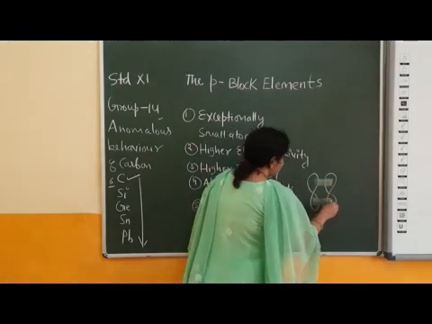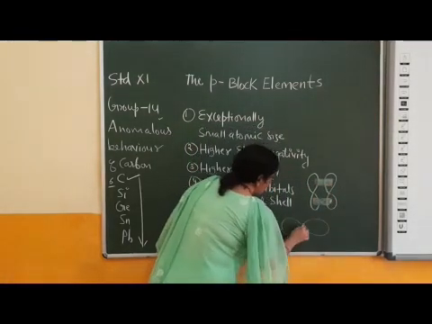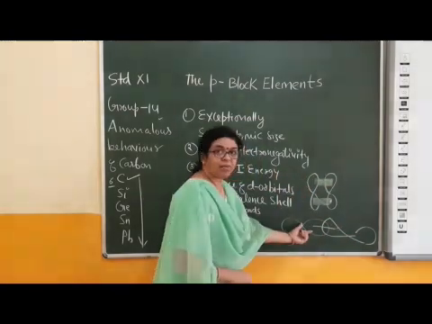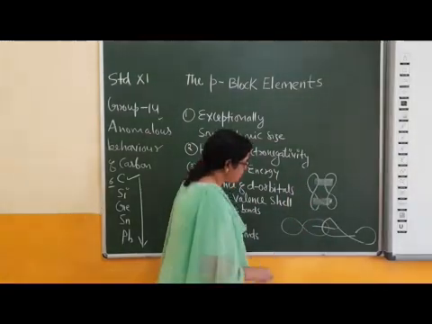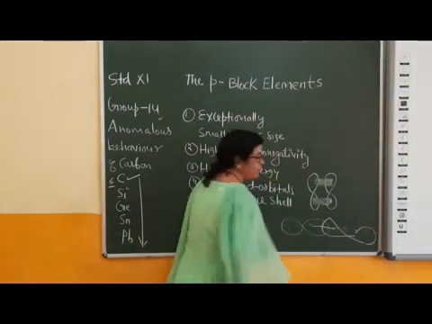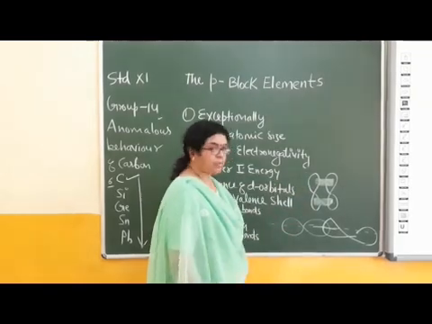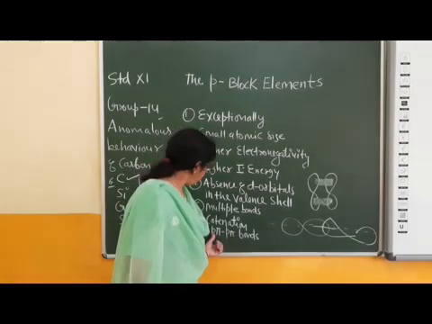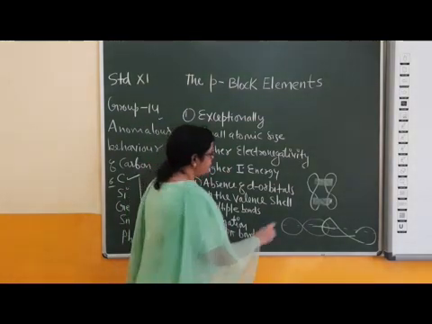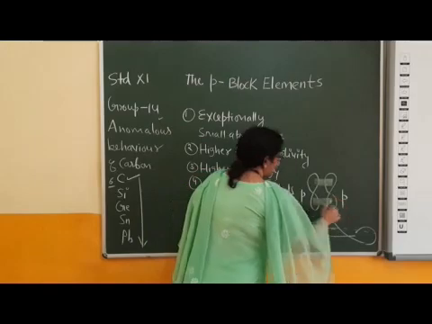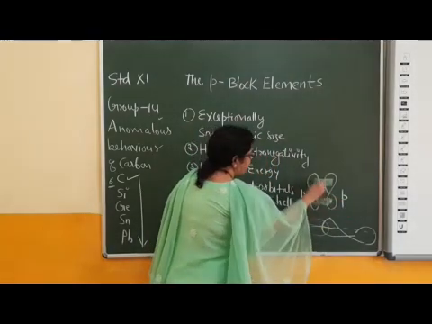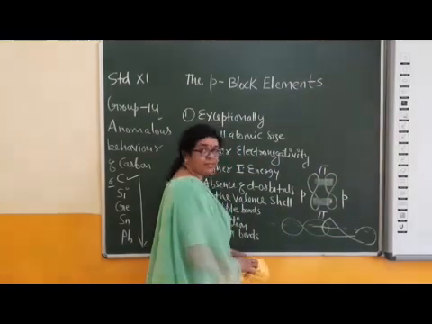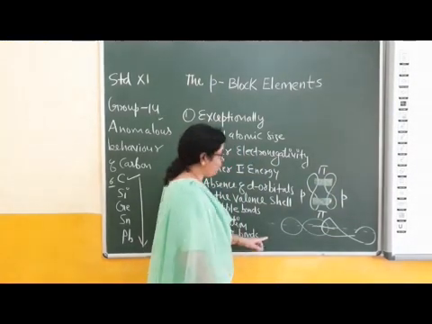Horizontal overlapping along the internuclear axis gives a sigma bond, and this is a pi bond, which is perpendicular. Here the type of pi bond is p pi: the p orbital of one carbon and the p orbital of the second carbon, and the resultant bond is a pi bond. Okay children? This is in unsaturated or multiple bonded systems.